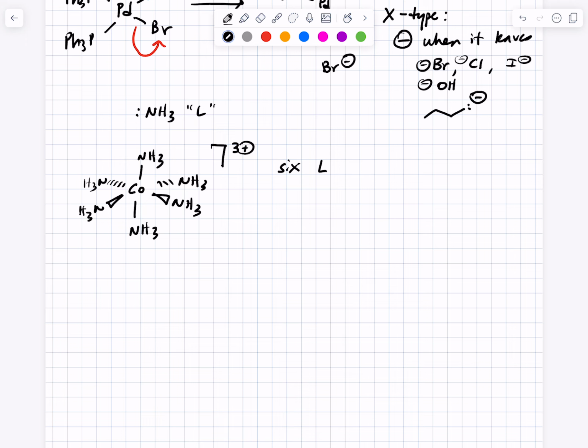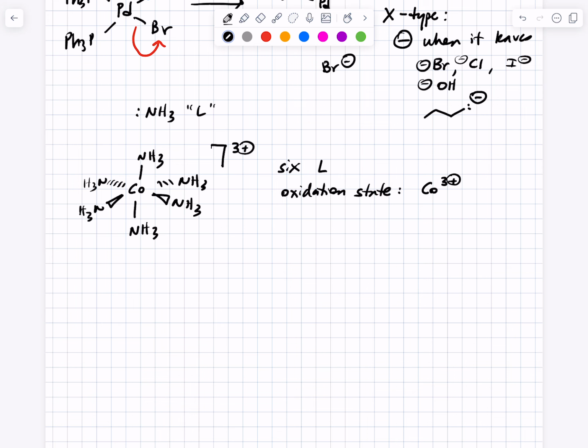The overall charge on the complex is +3. Therefore, what is the charge on the cobalt? What does it have to be? Has to be +3. You know that because all the ligands are neutral. So the oxidation state of cobalt is +3.